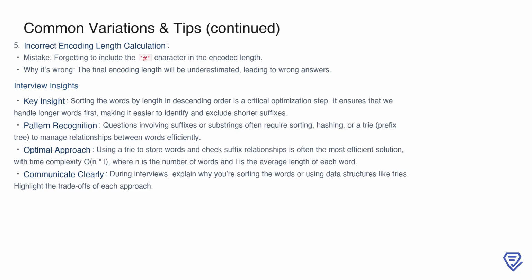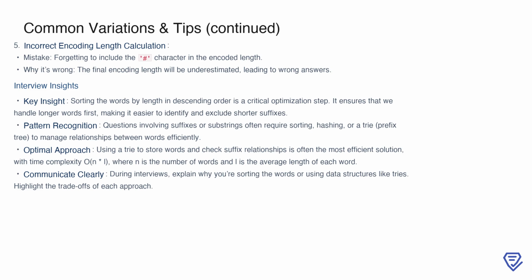Now, let's move to some key insights for interviews. Sorting the words by length in descending order is a powerful optimization. It simplifies the process of identifying and excluding shorter suffixes, making your approach more efficient. Additionally, recognize that problems involving suffixes or substrings often benefit from techniques like sorting, hashing, or using a tree.